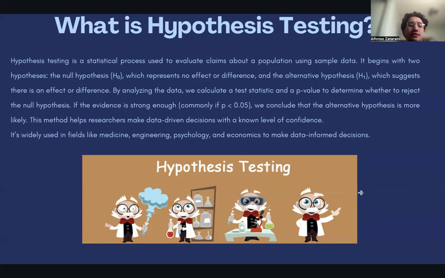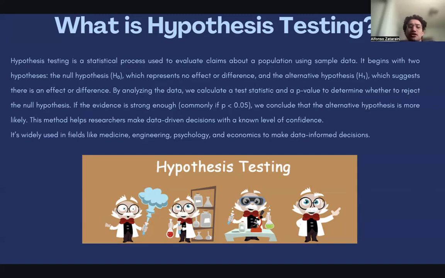And this is what you suspect or want to test. We use sample data to calculate a test statistic, and we also use a p-value. If the evidence is strong enough, typically p less than 0.05, we reject the null hypothesis and accept the alternative.